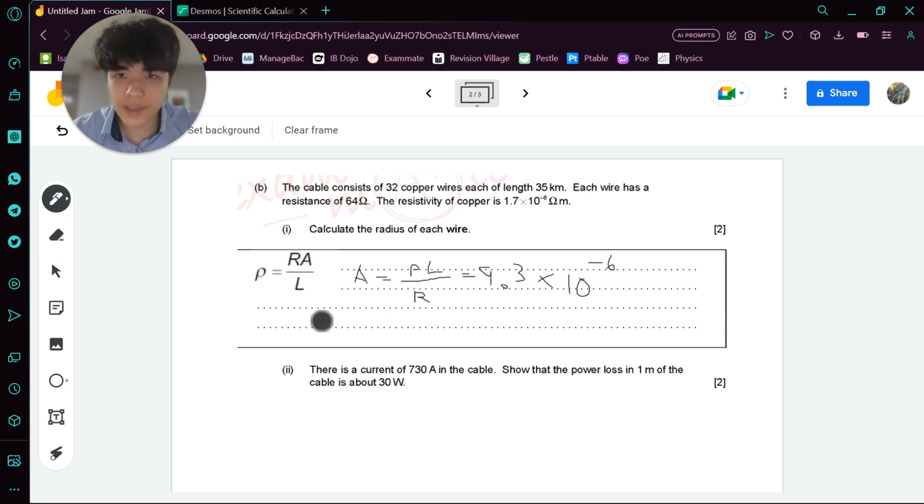So then from this, we know that the area of a circle is equal to pi r squared. So therefore, we can substitute this as r squared is equal to our area divided by pi. To find r, we can just take the square root of that.